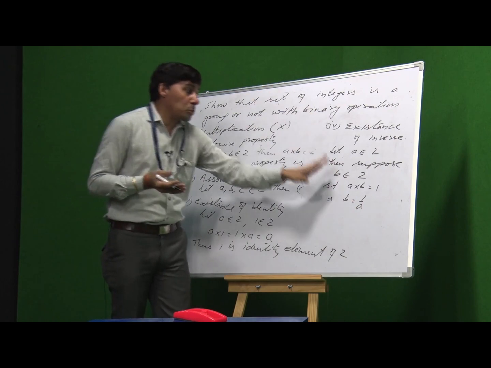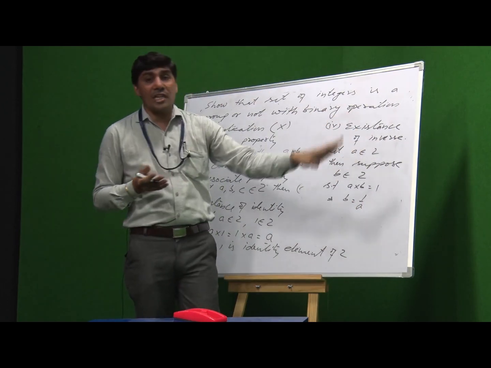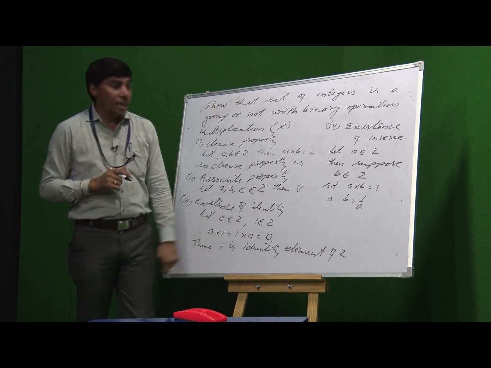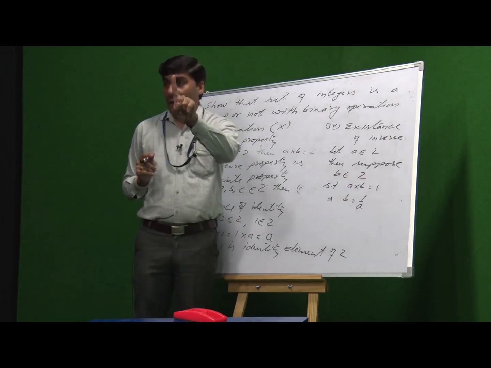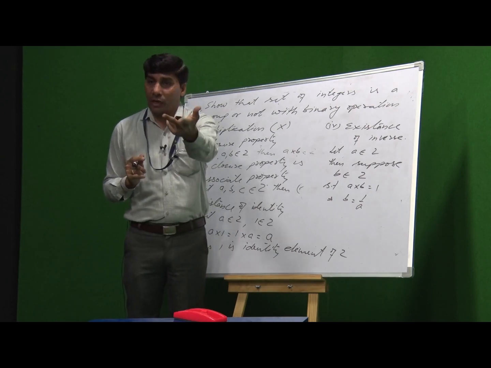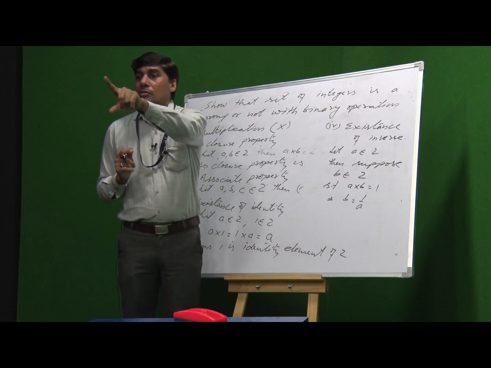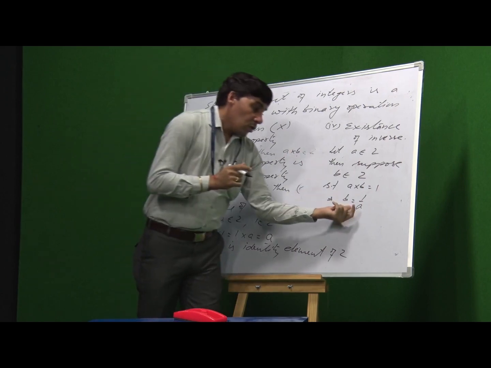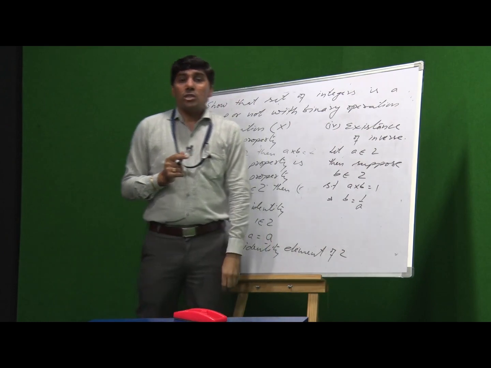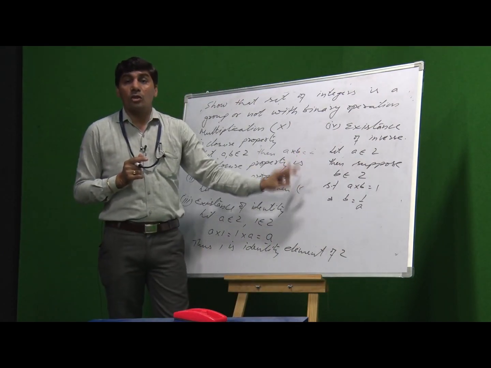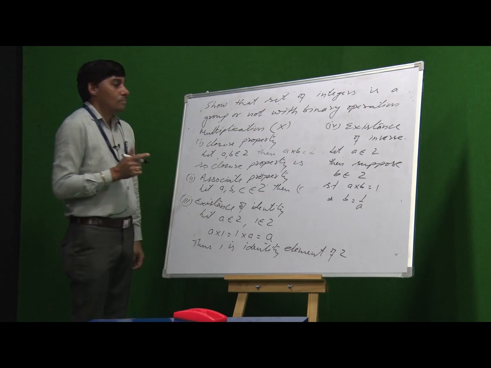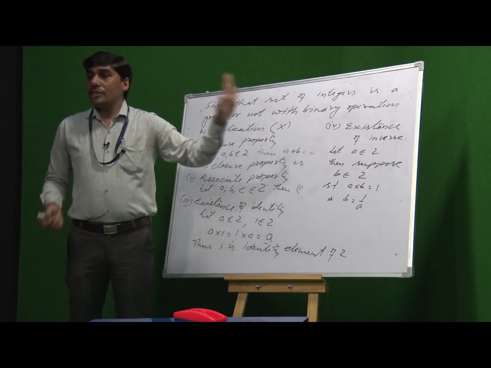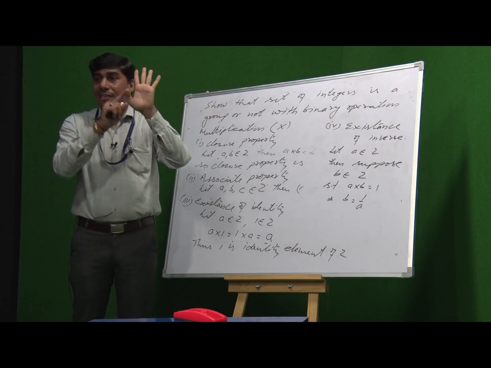So the fourth property, existence of inverse, is not satisfied for every integer. It is satisfied only for 1. 1 into 1 is equal to 1, but 1 into 2 is equal to 2, not equal to 1. So the inverse property fails, so it is not a group. Overall we see Z is a set.